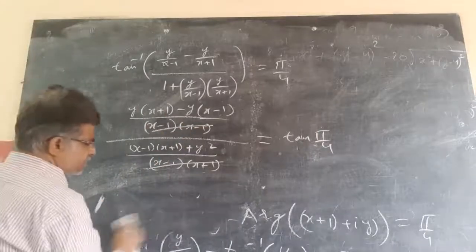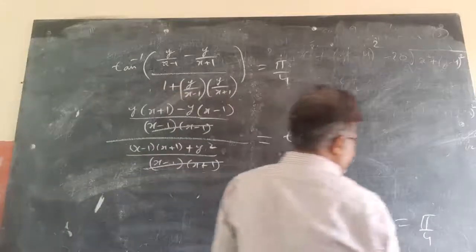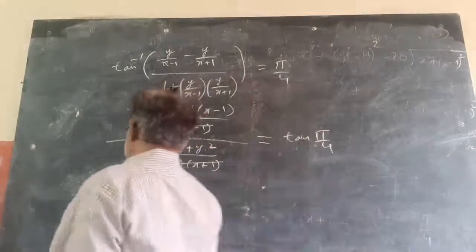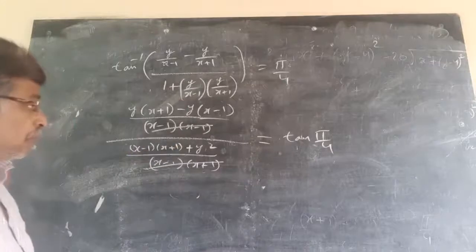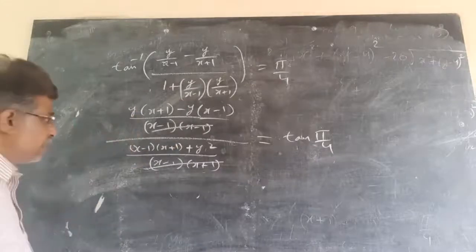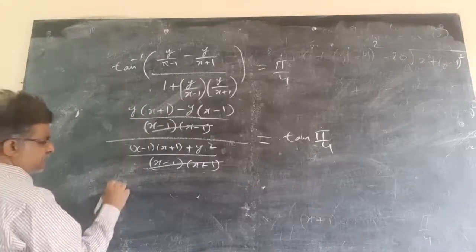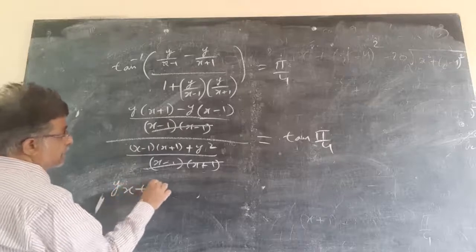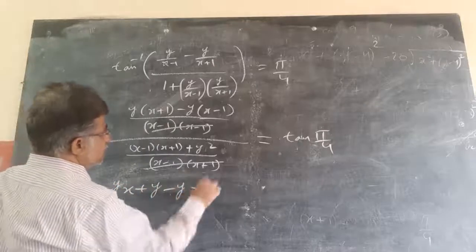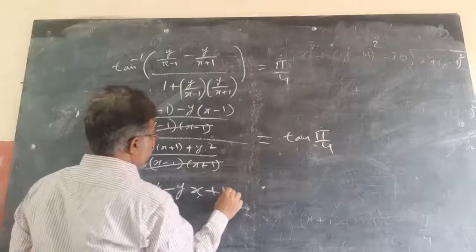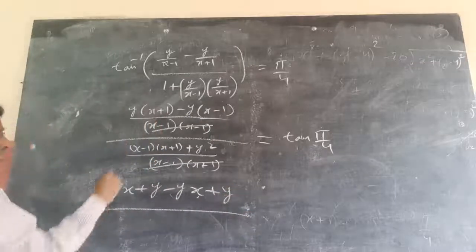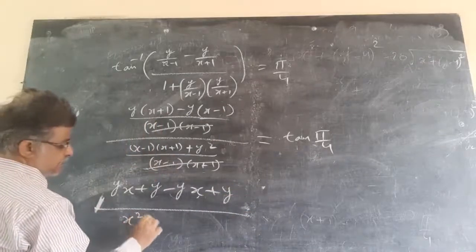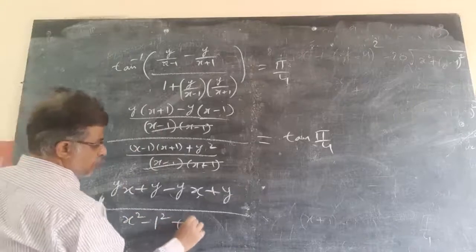Now simplifying this: yx plus y minus yx plus y in the numerator, and the denominator becomes (x plus 1)(x minus 1), that is x square minus 1 square, plus y square.